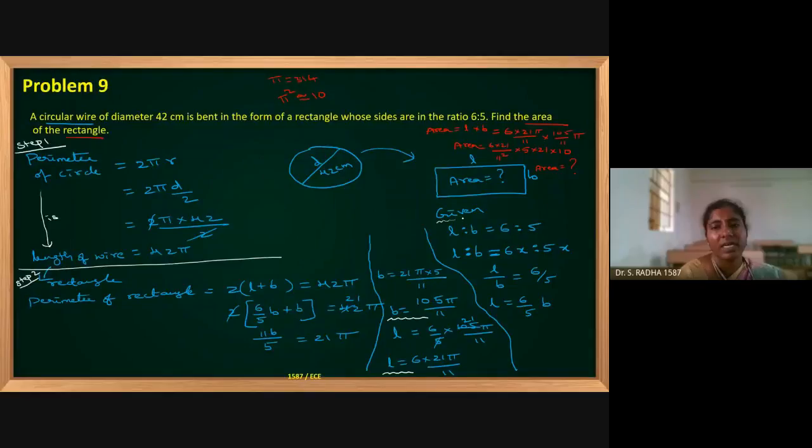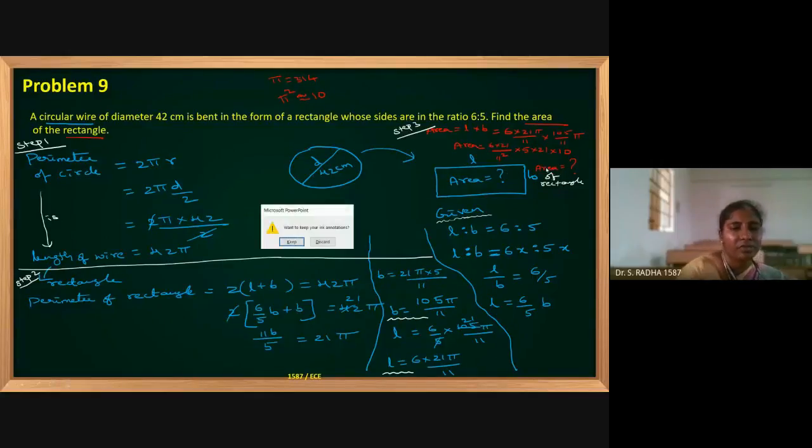These are given details I analyzed in the beginning itself. Now I am coming to step 3. In step 3, I am just substituting L and B value to find the area of rectangle. Wherever cancellation is possible, you can do it. Simplify and find the final answer.